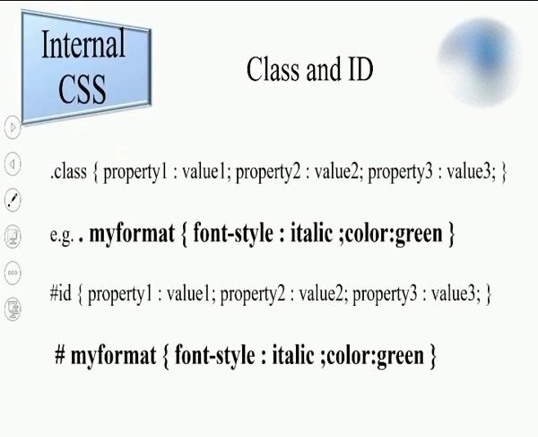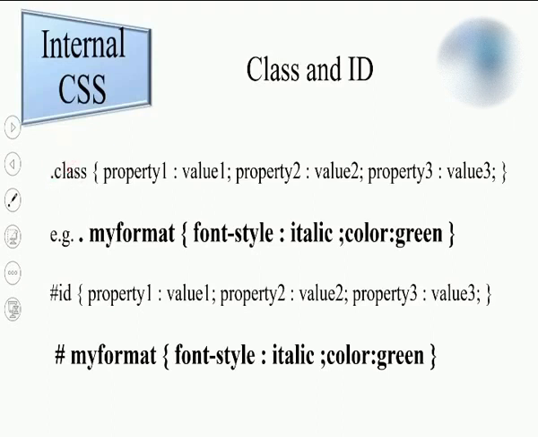So if I want to write a class, I need to write the syntax like this. Here there is a dot. The dot is used for declaration of the class.